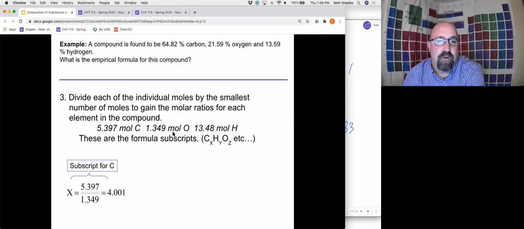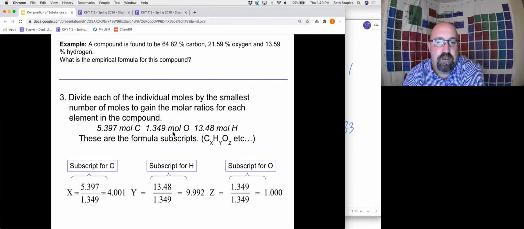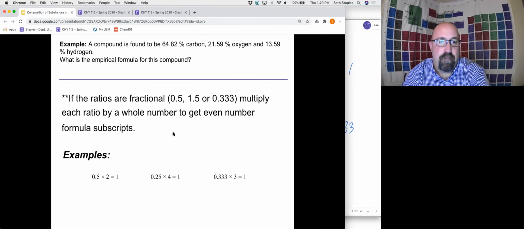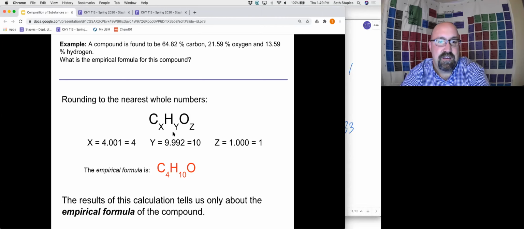So the first one is going to get us our subscript for carbon, then our subscript for H, and then our subscript for O. And this is what I meant by some that are going to be obvious that you can just round to the nearest number. 4.001 is going to round to 4. 9.992 is obviously going to be 10. And so our empirical formula for this compound is going to be C4H10O. And there's our empirical formula.